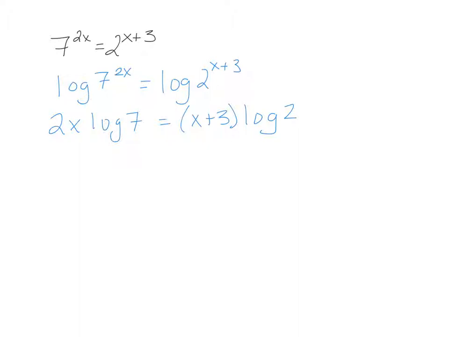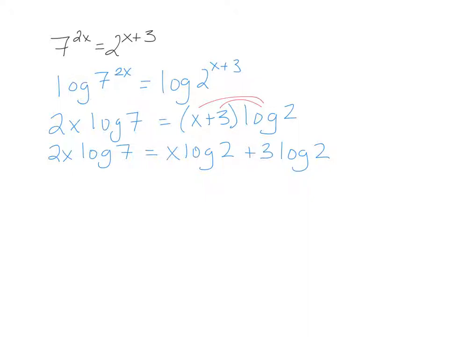And then the one on the right, I'm going to expand that further. So we'll go 2x log 7 equals x log 2 plus 3 log 2. That's not a law of logs or anything, that's just multiplying x times log 2 and 3 times log 2.